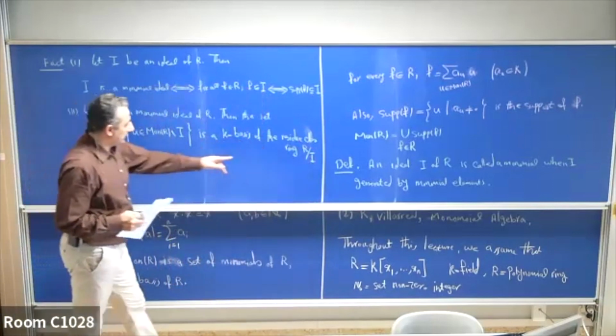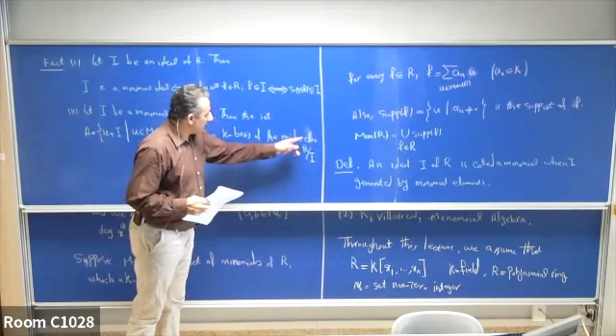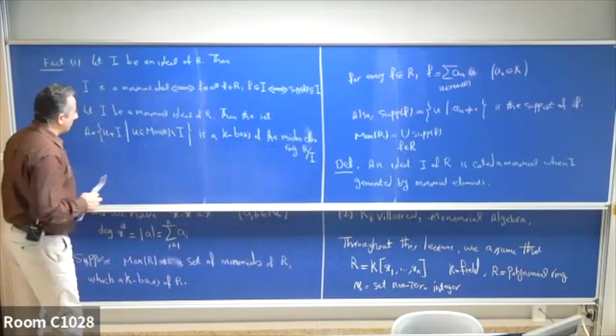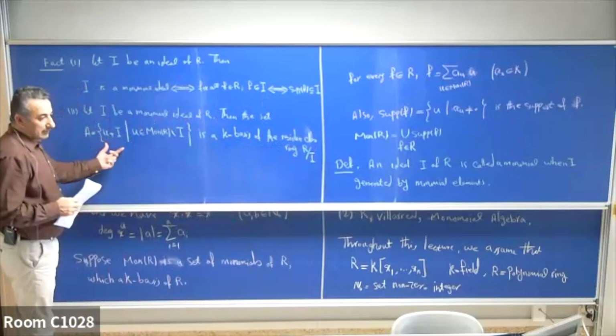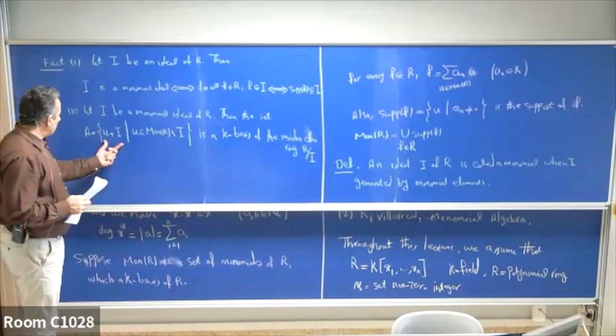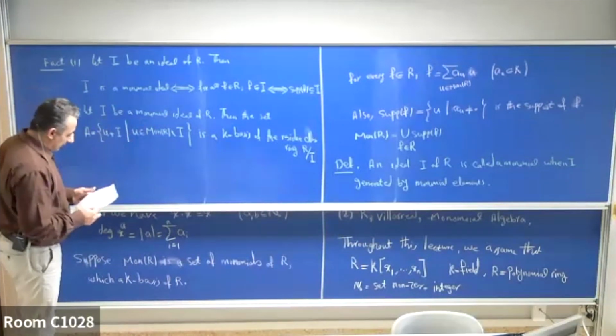This is a vector space, and we consider the basis of this vector space over K to be this set.